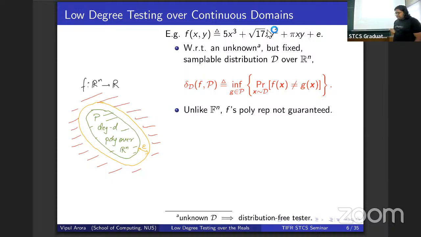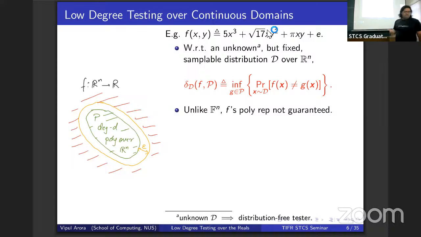So the next hurdle is, unlike the finite domains case, you are not even guaranteed that the function will have a polynomial representation. Over finite domains, by Lagrange interpolation, you have a large enough degree polynomial representation, but over here, no such luck.